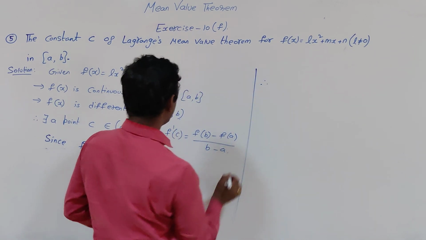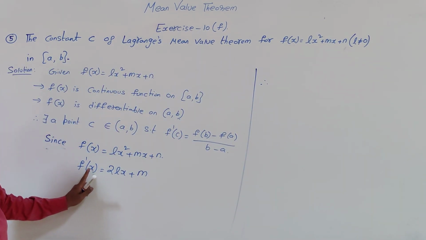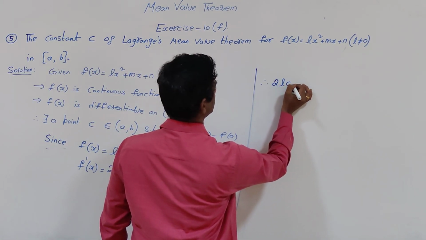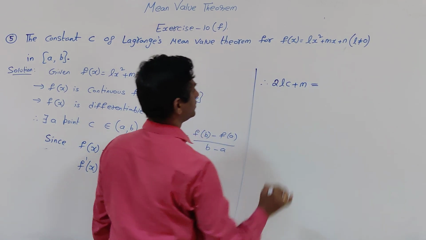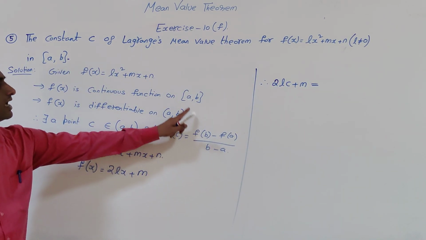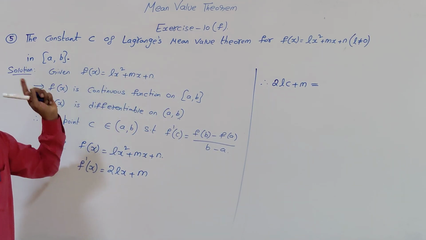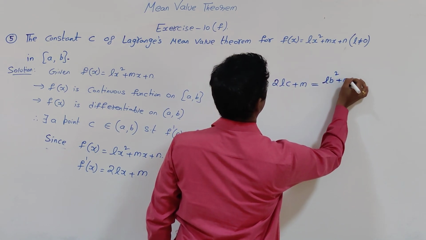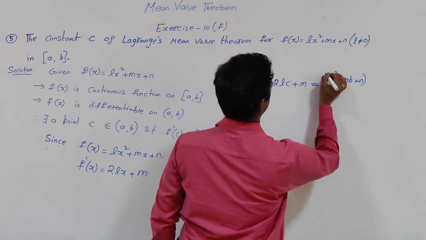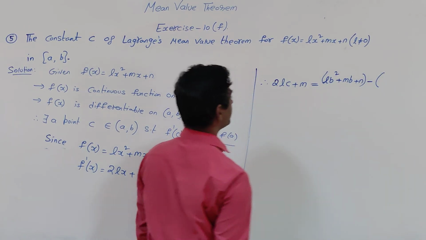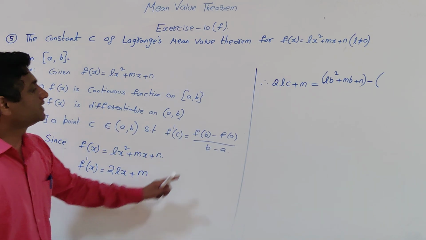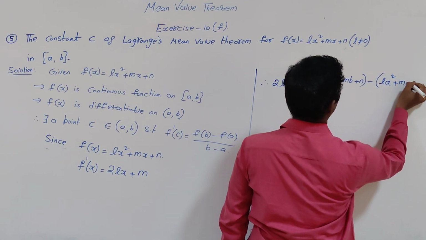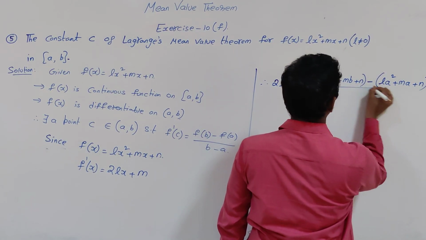So therefore, at x is equal to c, f dash of c will be 2Lc plus m. 2Lc plus m is equal to f of b, substitute the value of x is equal to b in the function, Lb square plus mb plus n, minus f of a, substitute x is equal to a, La square plus ma plus n, by b minus a.